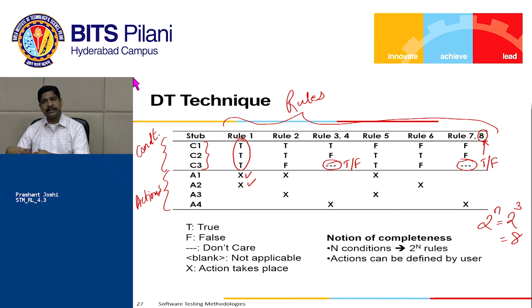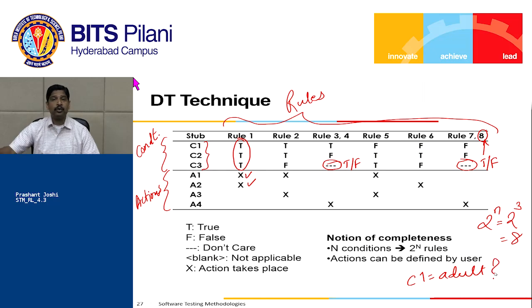And if I have a senior citizen also defined in my problem statement, I'm going to keep a limit probably of 60 years. So anyone from 18 to 60 would be considered an adult, and that, adult or no, could be C1. So I may have C1 which is equal to adult, question mark, could be true or false.